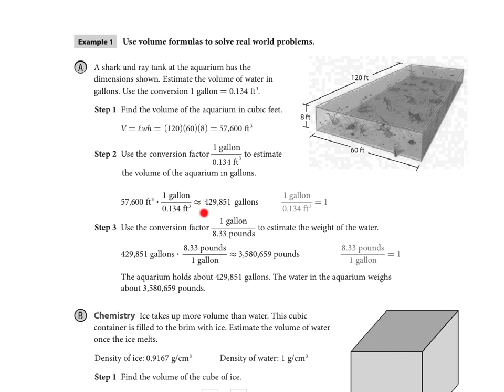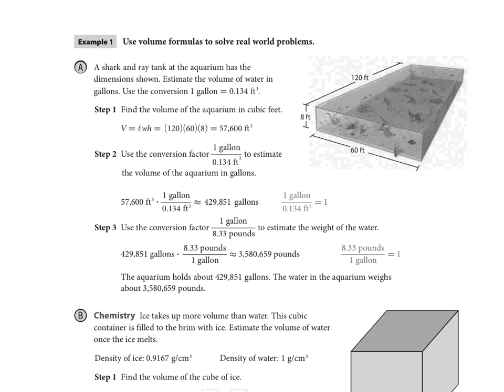Well, we have 429,851 gallons, and we know that each gallon weighs 8.33 pounds. In step 3, we're going to use that conversion factor, only notice how we're going to flip that conversion factor because we already have gallons. We want pounds, so we're going to put pounds in the numerator, and that way gallons in the denominator is going to cancel right out for us.